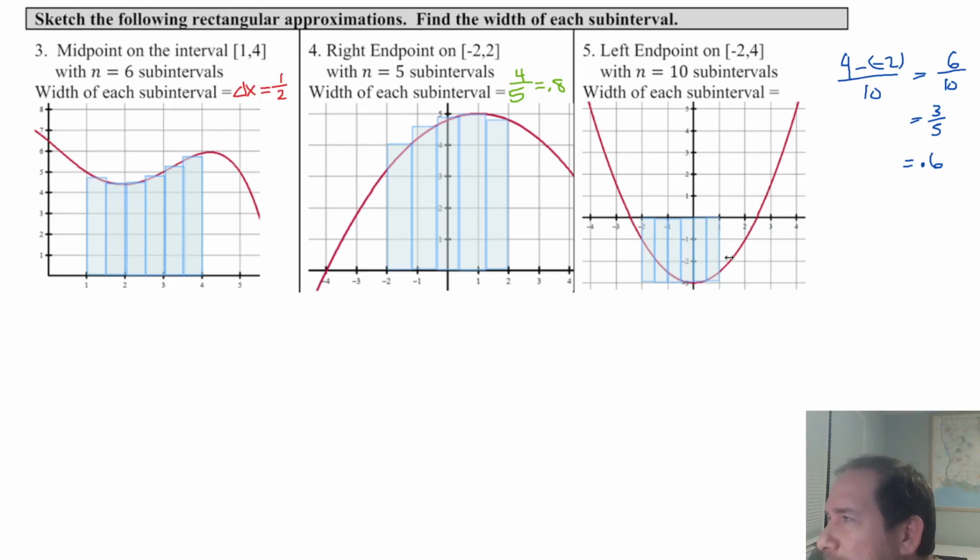It's 6. I don't know how much room to give myself. I need 2 more. 1, 2, 3, 4, 5, 6. I need 4 more. All right, I don't feel like doing this.